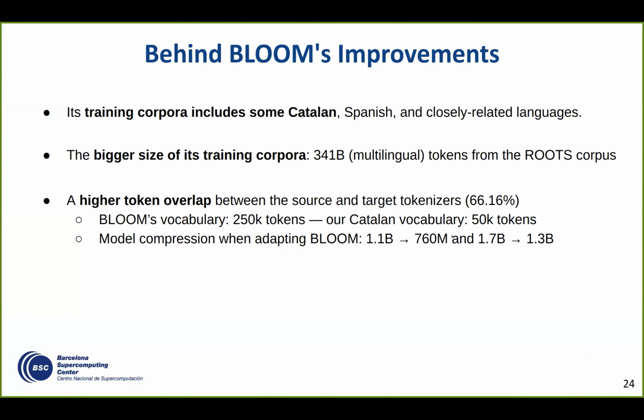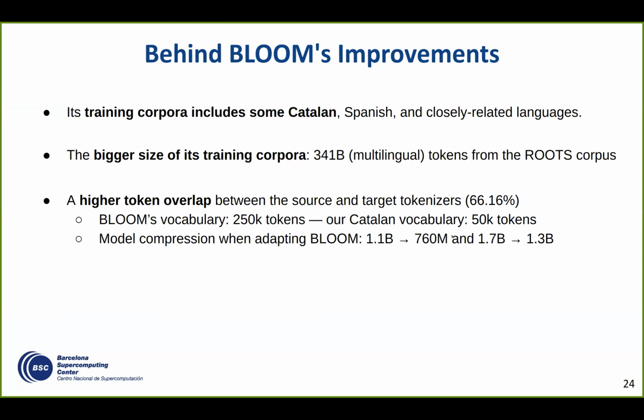Another probably key factor could be that there is a higher token overlap between Bloom's vocabulary and our target vocabulary. It's actually about 66% of our Catalan vocabulary. The reason behind this is that Bloom's vocabulary is huge and our target vocabulary is not, so a higher token overlap may result from that.